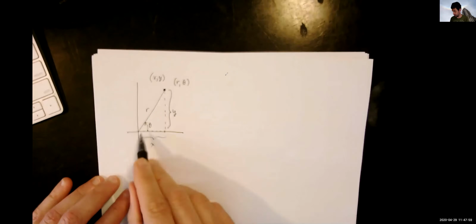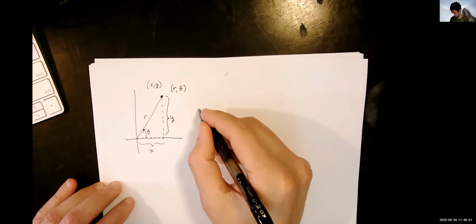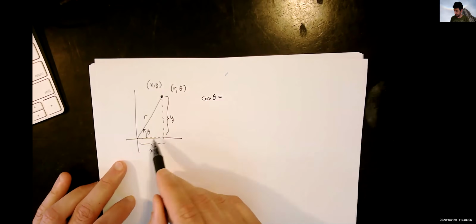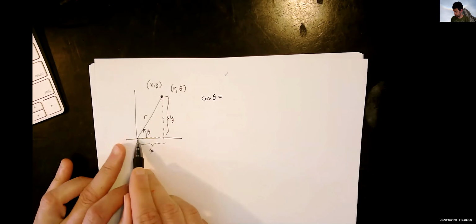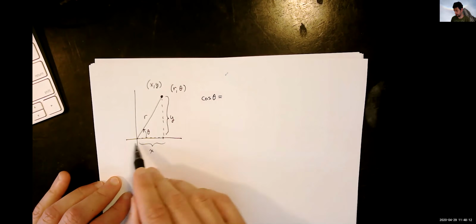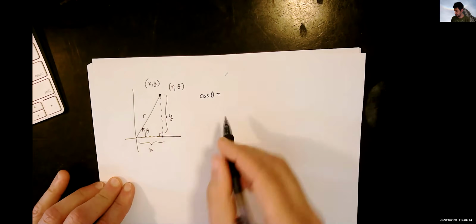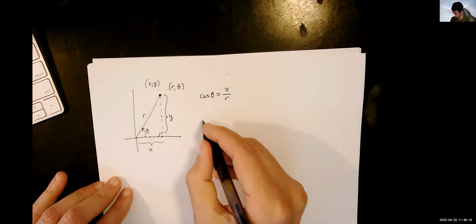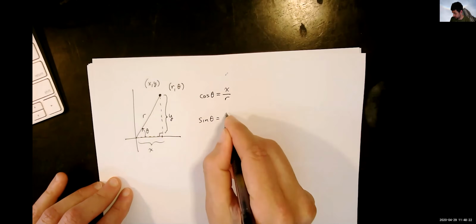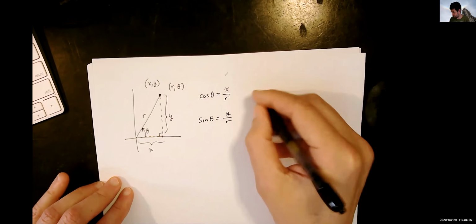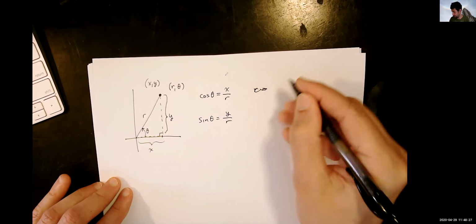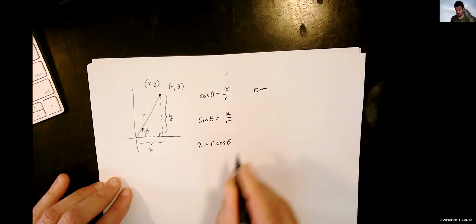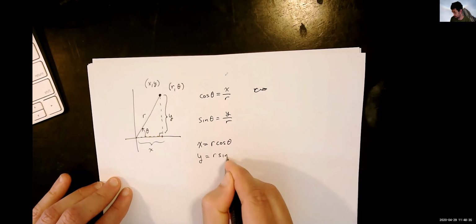So what does that mean? Well, looking at this little triangle, it's pretty easy to see that, for instance, the cosine of theta is equal to the adjacent side. So here's theta, and the adjacent side of this triangle. This, of course, is a right triangle. x is the adjacent side, r is the hypotenuse, and sine of theta is going to be y over r. This gives us these nice relationships right here: x equals r cosine theta, y equals r sine theta.